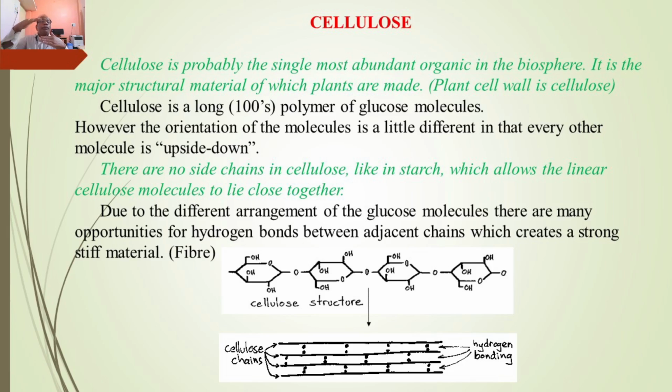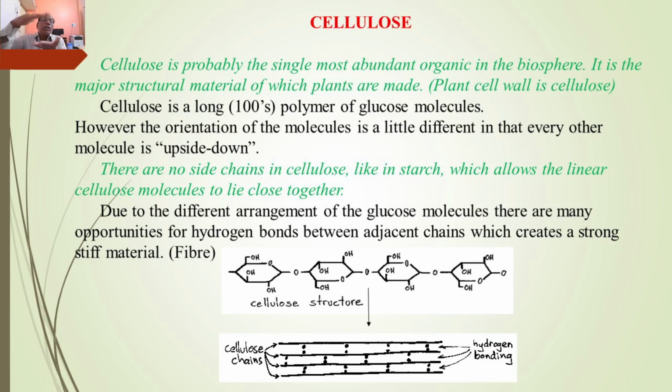So, due to a typical type of orientation of the glucose molecules in the chains of the cellulose, the hydrogen bonds between the adjacent chains create a strong, stiff material, a cellulose fiber.